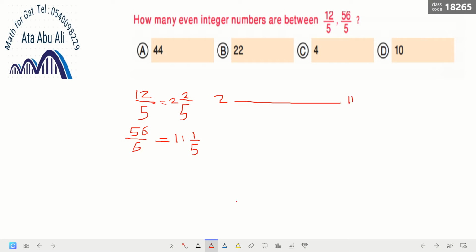So the numbers between them, the odd and the even: after 2 we have 4, 6, 8, and 10. So we have 4 numbers, as you see, so the answer is equal to 4.